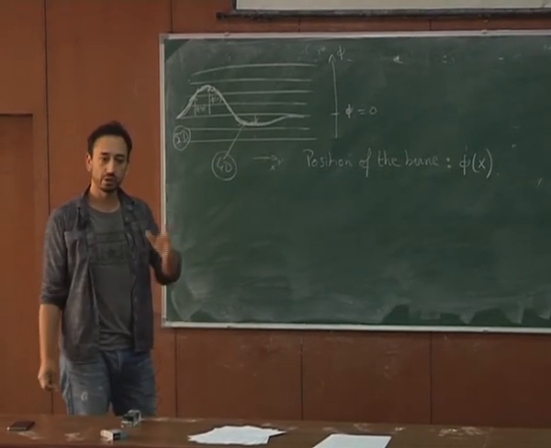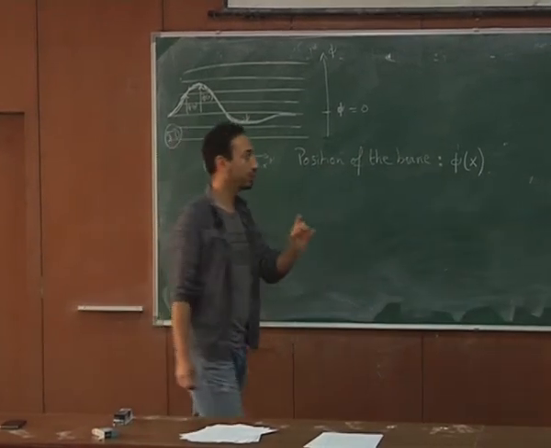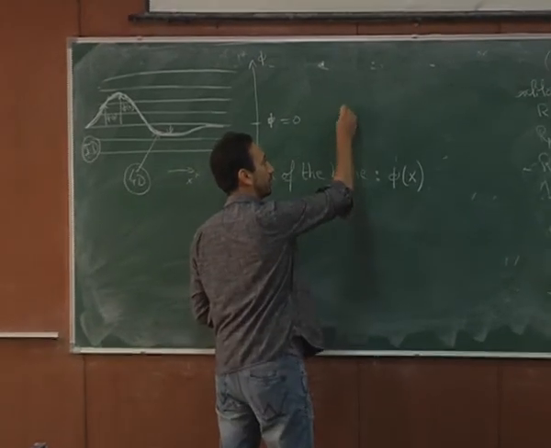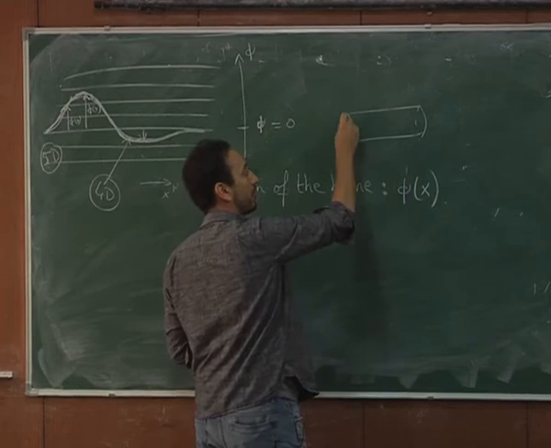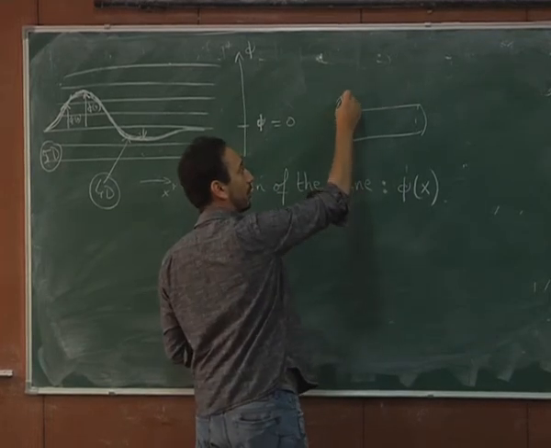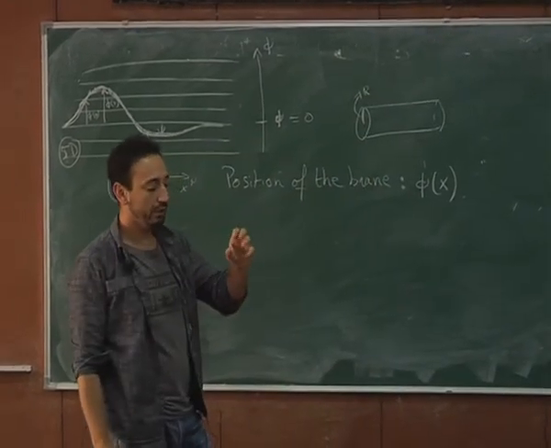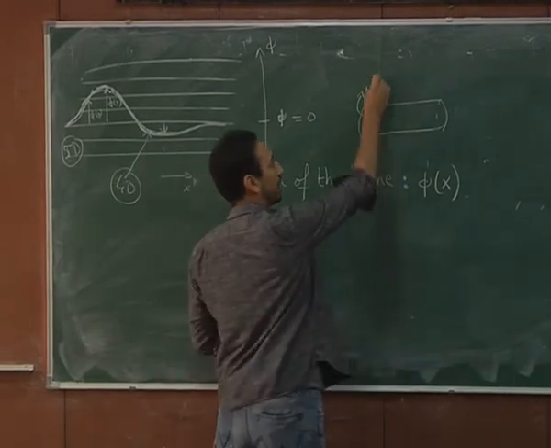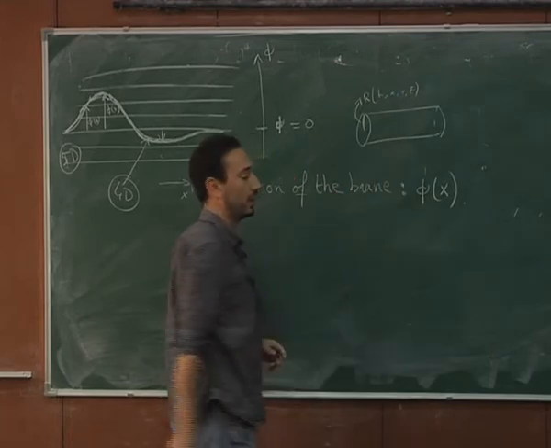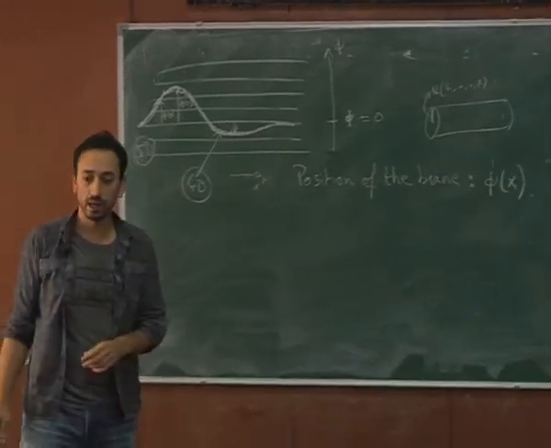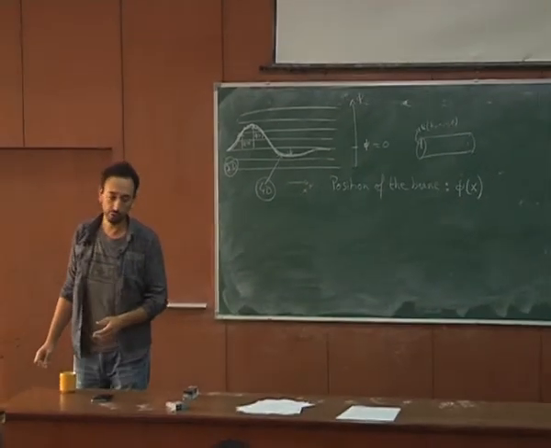Another origin, this morning I was talking about compactified dimension. If you compactify the dimension, the radius of this compactified dimension might depend on time and also on the position. So it becomes a scalar field. This is another one, which is going to be called the dilaton.